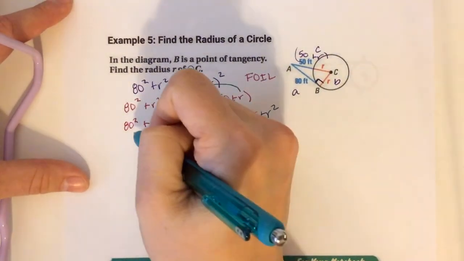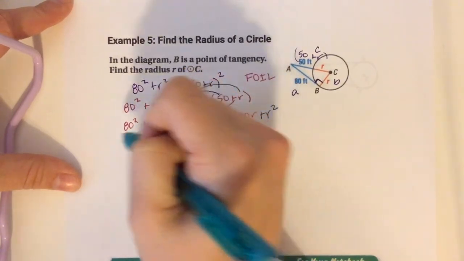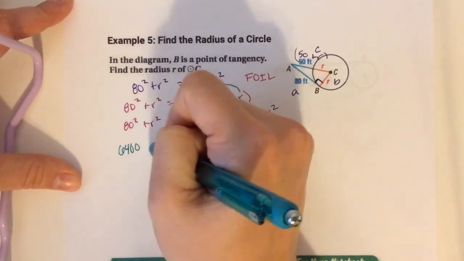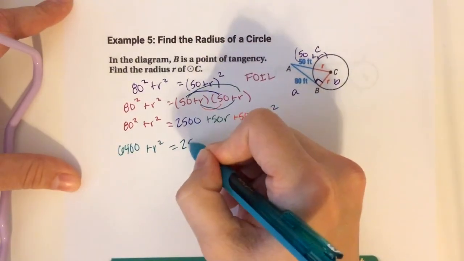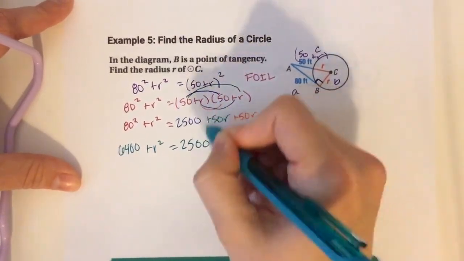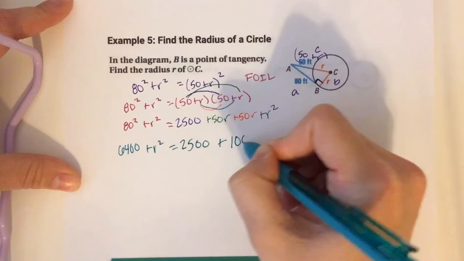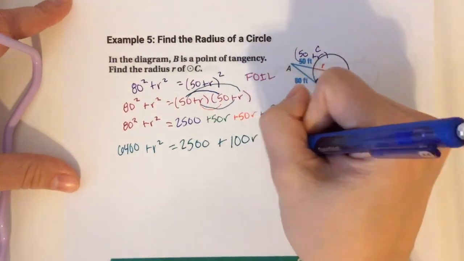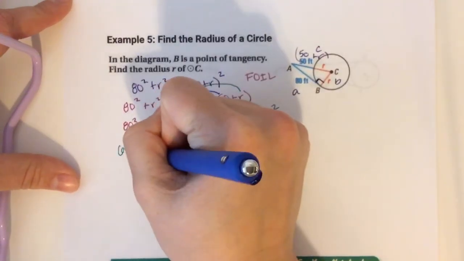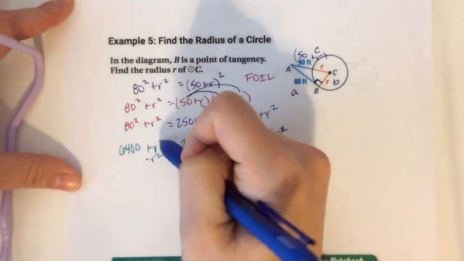So just cleaning this up a little bit, 80 squared is 6,400 plus R squared over on the left side. Then we have 2,500 plus 50R plus 50R, which is 100R plus R squared. So then we just start solving from here. I'm going to subtract the R squared from both sides, which is nice because that's 0 and that's 0.